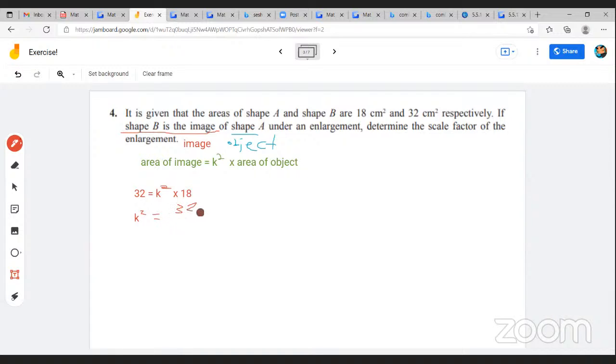So K squared is equal to 32 over 18. And from here, you can just square root to get K, which is equal to, wait, let me check if I have my calculator on. Square root of 32 over 18, which is equal to 4 over 3. And that's your answer. Okay, any questions?